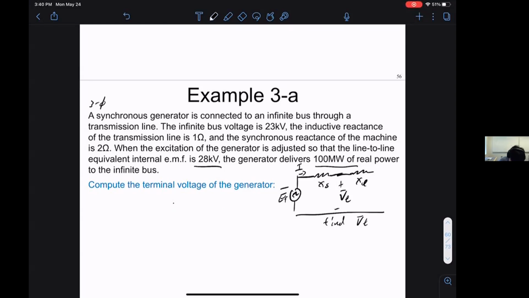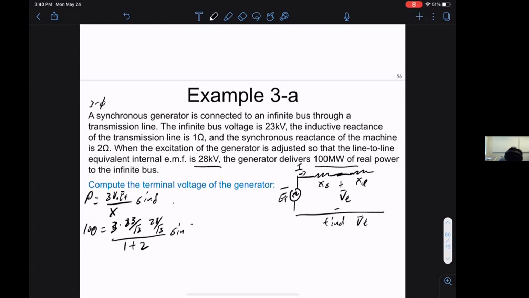So to figure out current, first let's compute the angle. P equals 3 V0 EF over X times sine delta. So this is 100 equals 3 times 23 over root 3, 28 over root 3, divided by 1 plus 2, times sine delta. Delta is 27.76 degrees. So this is the angle.